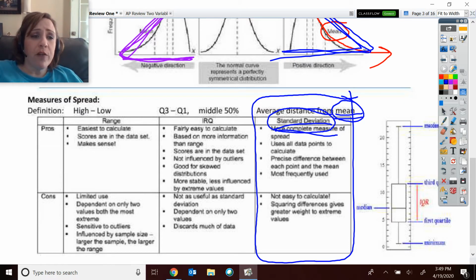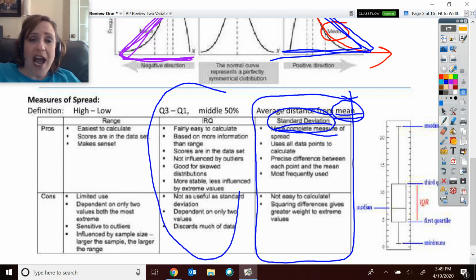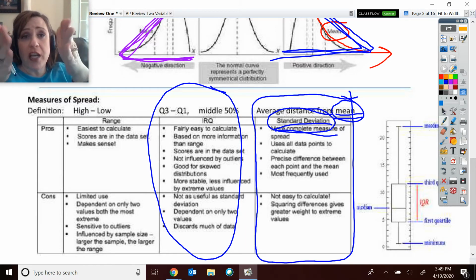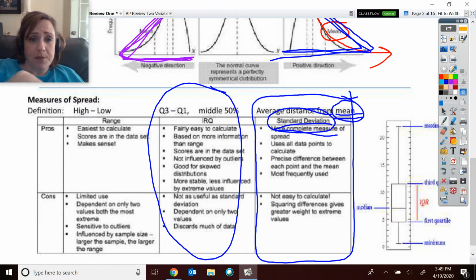Okay, however, our median and our IQR are good measures. The median, if you have outliers or skew, that doesn't matter because you're cutting off those numbers and finding the center location regardless of the far outside reaching items. So we like that. The IQR, remember the IQR is Q3 minus Q1.